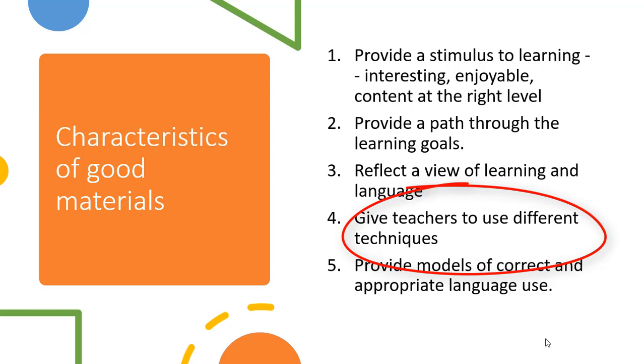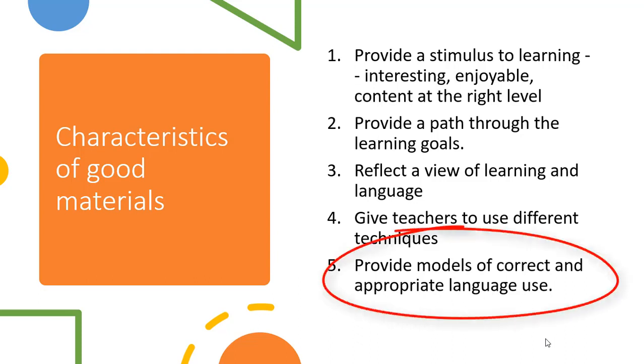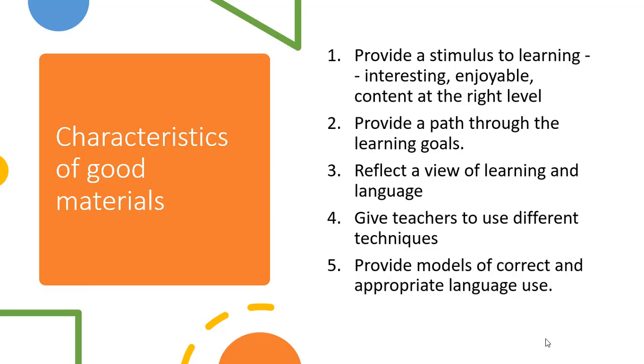For example, there are activities that students can do in group work, individual tasks, project-based learning, and some other techniques teachers can use. And of course, the book should provide appropriate language use and appropriate models of correct language use the students can adopt.